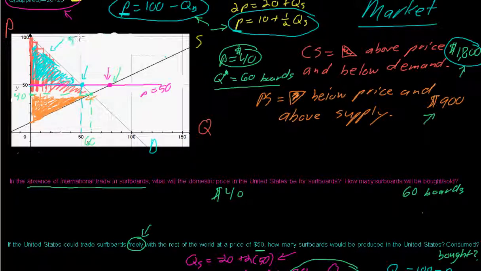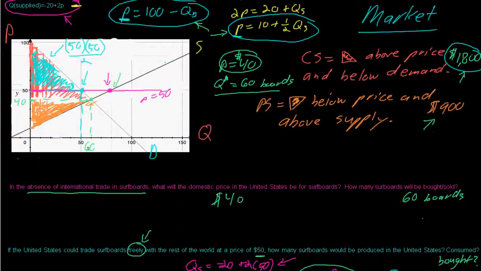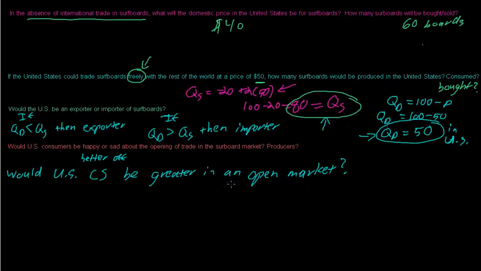The height times the base will be 50 divided by 2. So I'm just going to go ahead and write that down here. With no trade, consumer surplus was equal to 1,800.